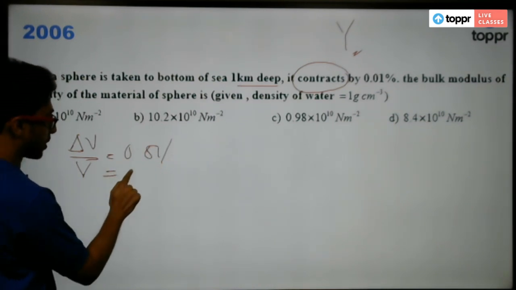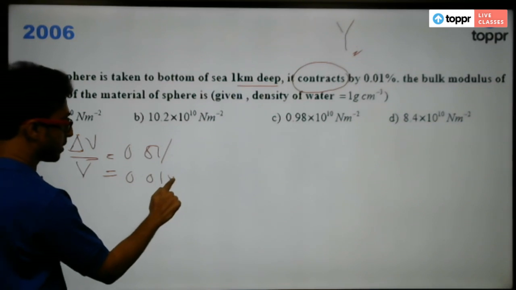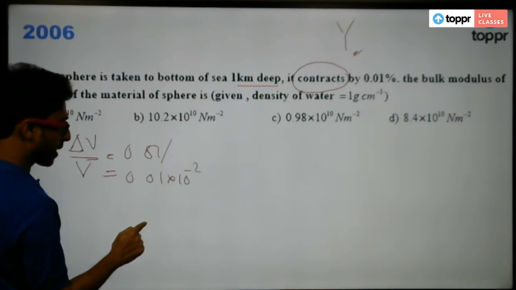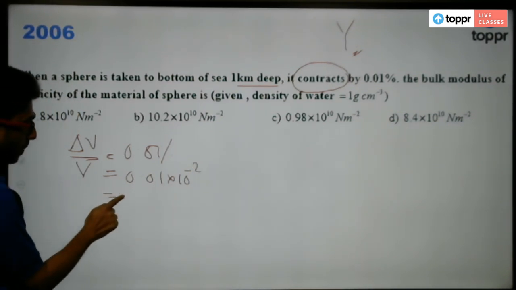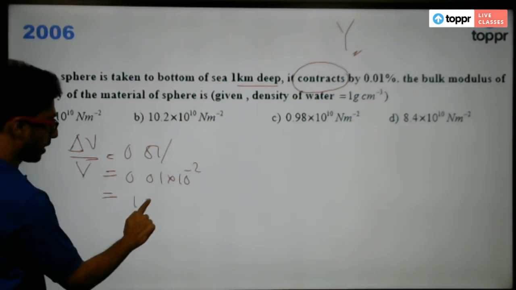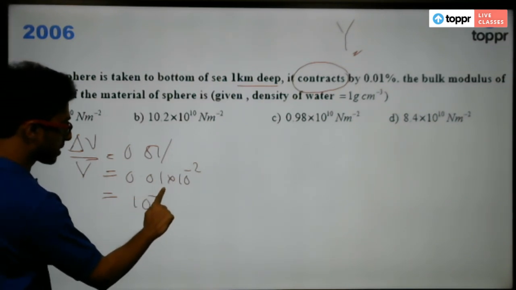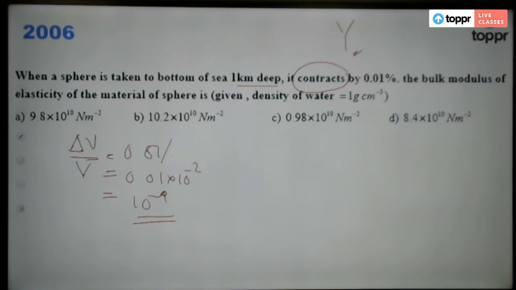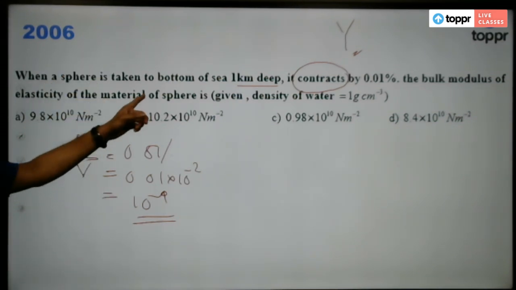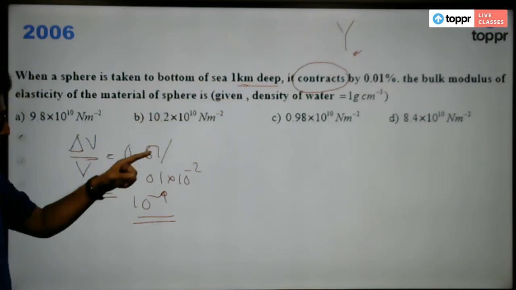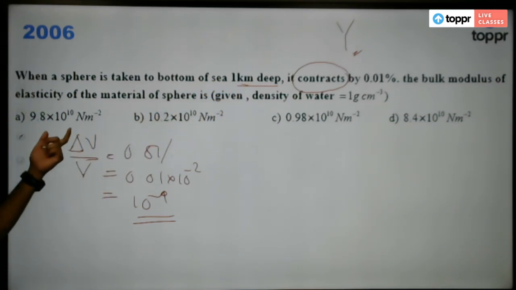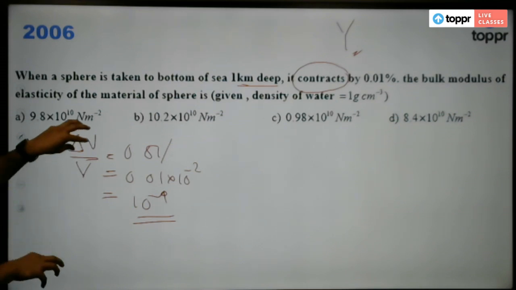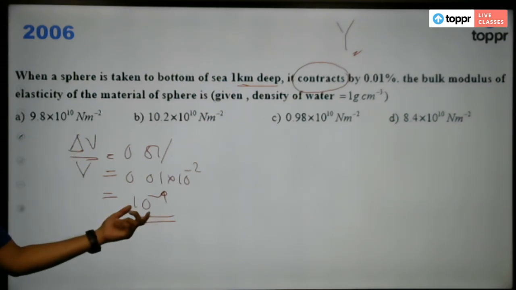It means what? 0.01 divided by 100, that is 10 to the power minus 4 is the ratio. That is, when a sphere is taken to the bottom of the sea 1 kilometer deep, the ratio of change in volume by original volume is 10 to the power minus 4.